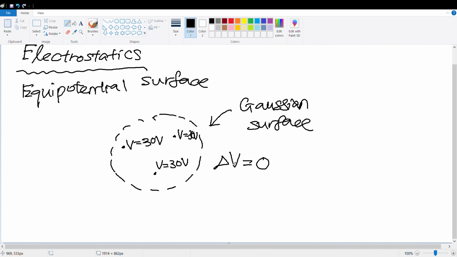So this one is the electric field strength. Let me just rewrite again.